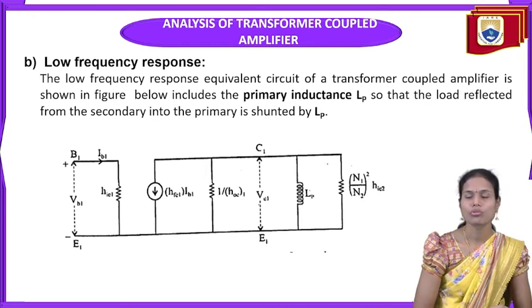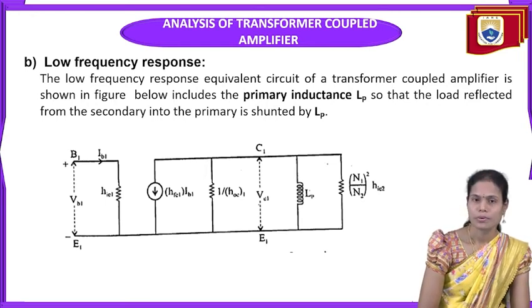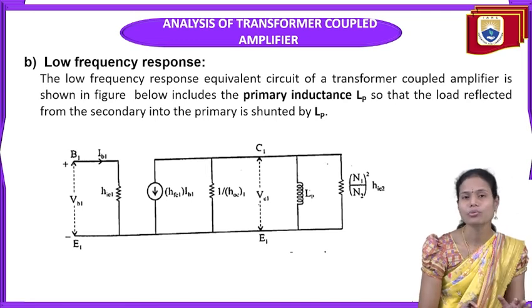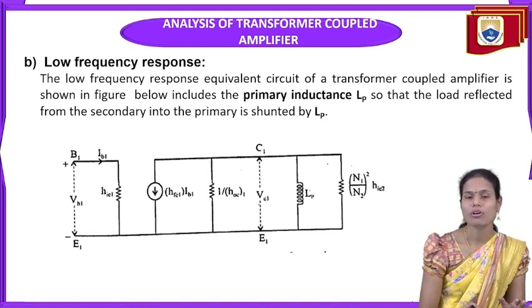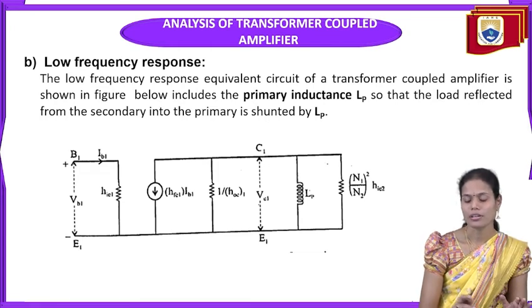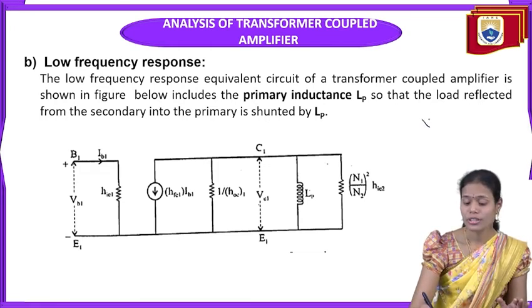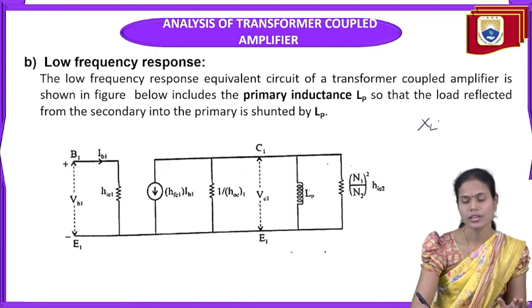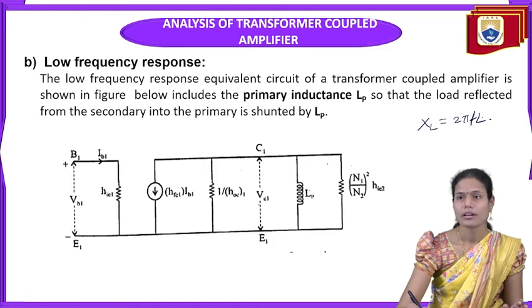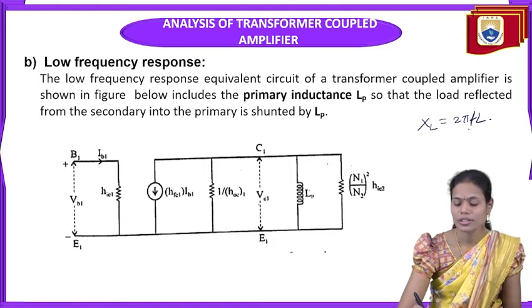In the case of low frequency response, we have to include the inductance of the primary winding of the transformer. Why? Because the reactance of the inductor is XL, equal to 2 pi FL. So the reactance of the inductor is directly proportional to the applied frequency.